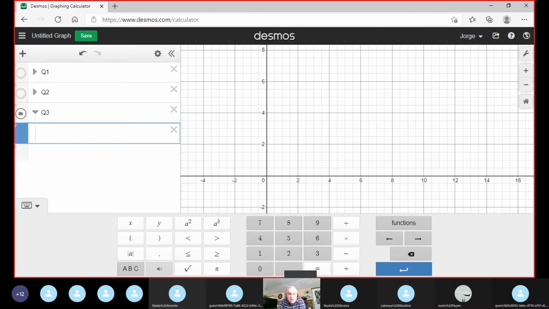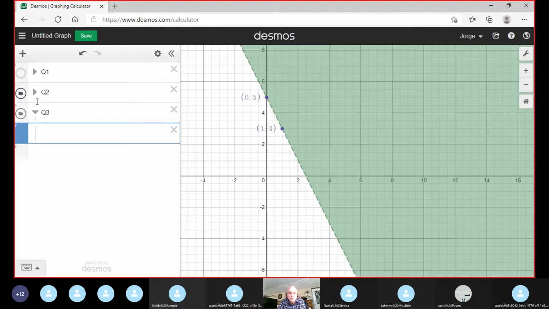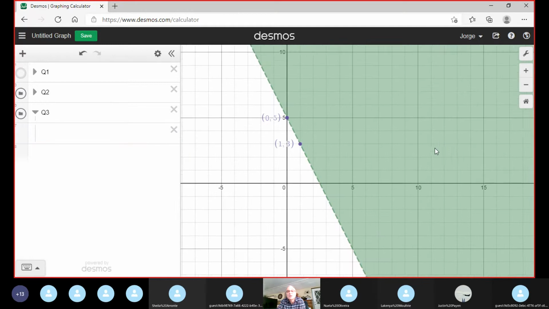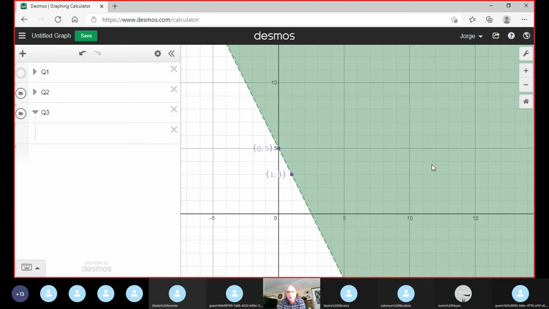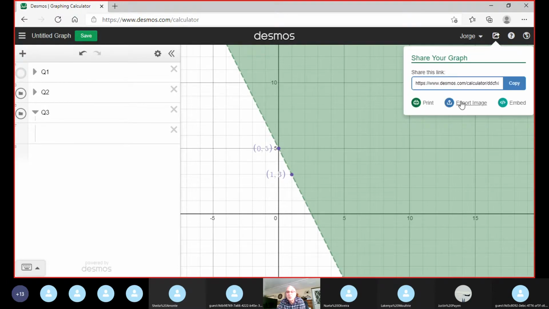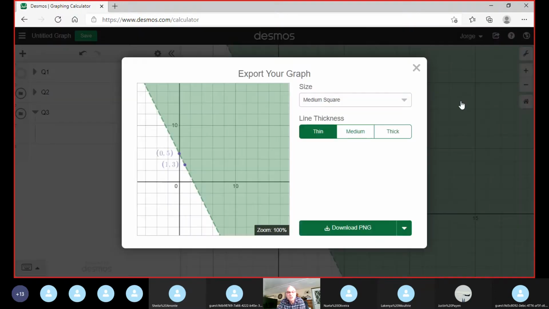One test on paper. By the way, for example, if you want the test on paper, you go here, you put share graph, and you select export image, and you download this picture.